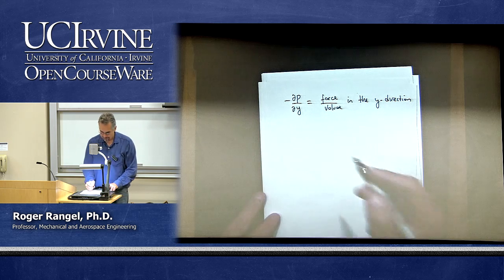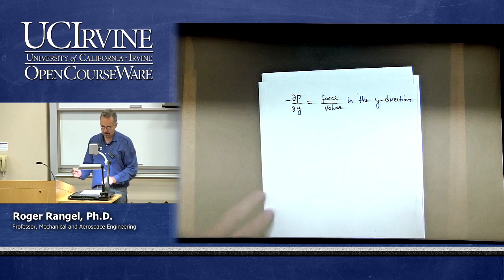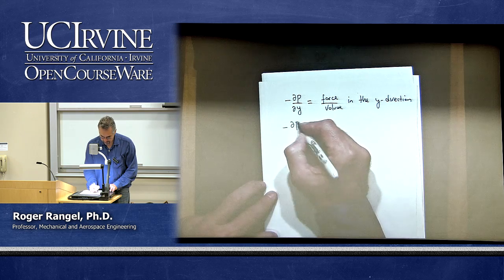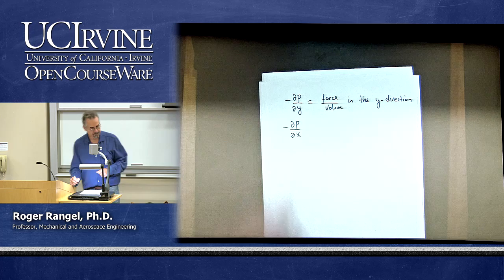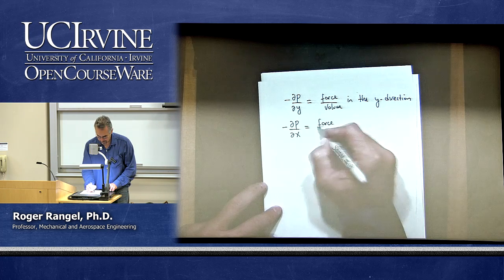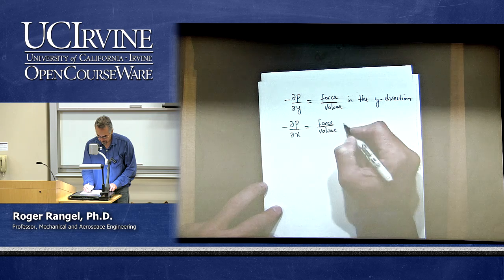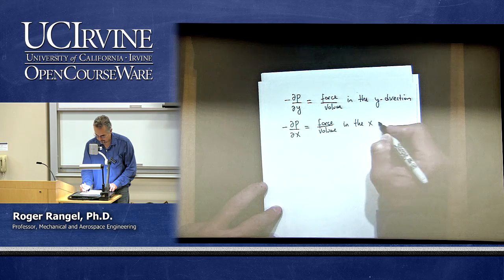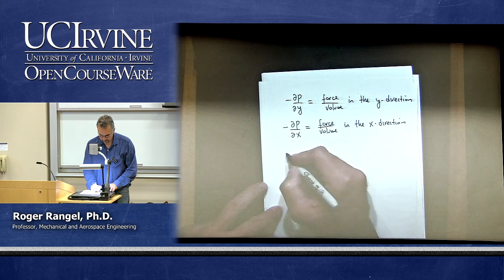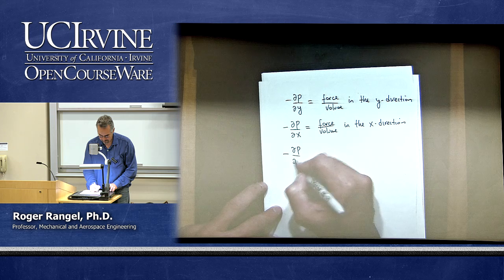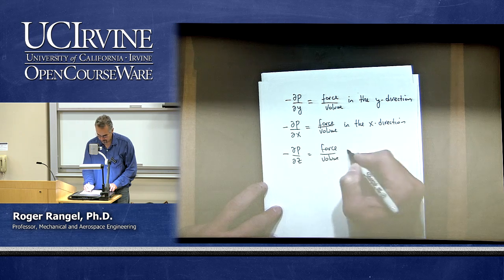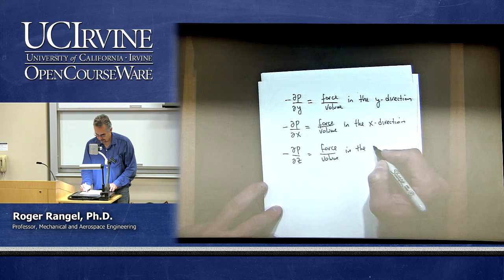And if I repeat the analysis in the other two directions, I would of course find that minus dp dx must be equal to the force per unit volume in the x direction, and minus dp dz would be the force per unit volume in the z direction.